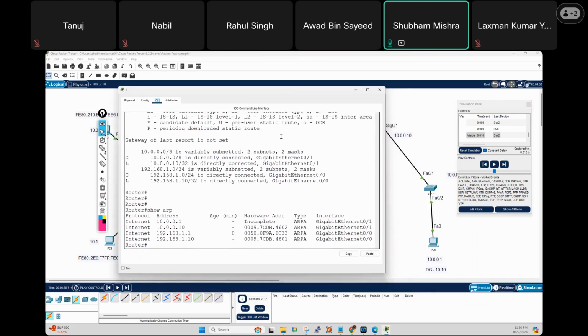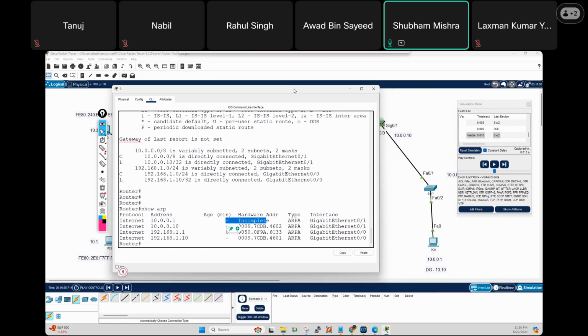Everyone tell me. At that time when I wrote this command, the 10.1 MAC address was incomplete. Yes or no? That time when I ran this command, the router didn't know the MAC address of 10.1, so that's the reason it is incomplete.